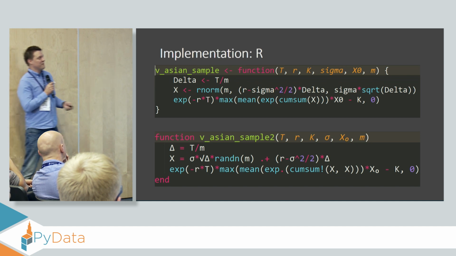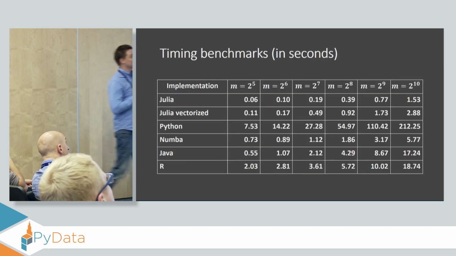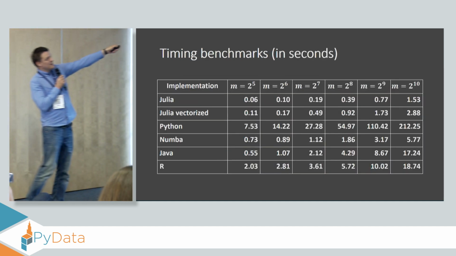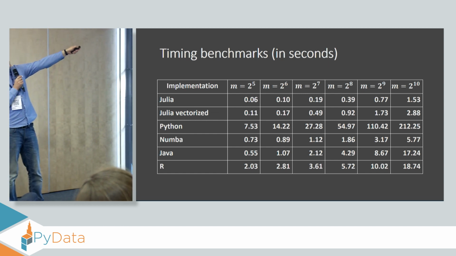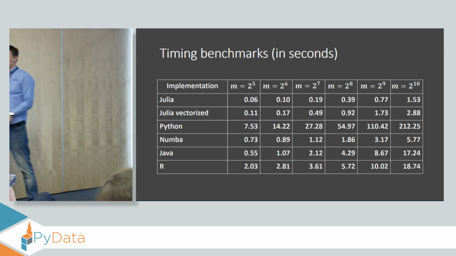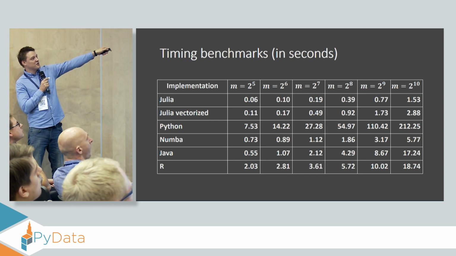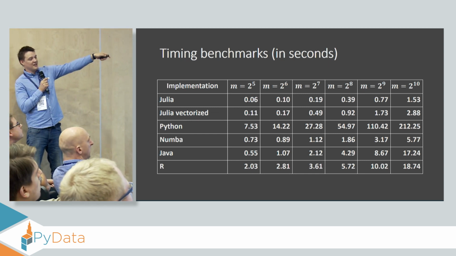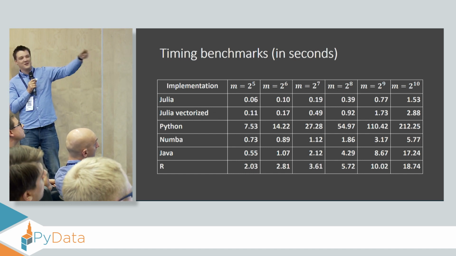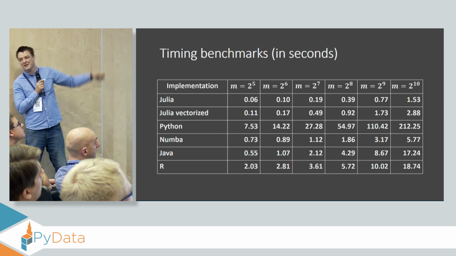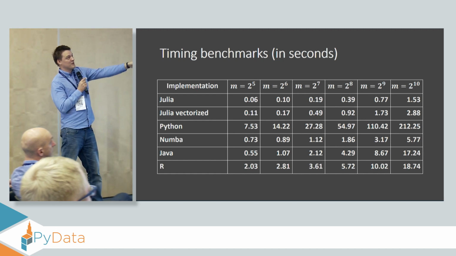So now, I would say the crucial thing, what are the results? Here I show how it scales with M, so how fine-grained the computation is. This original Julia code runs almost instantly every time except for really large M, where it takes 1 second.